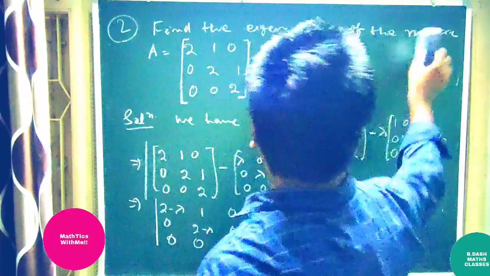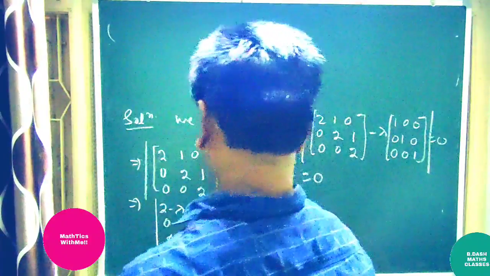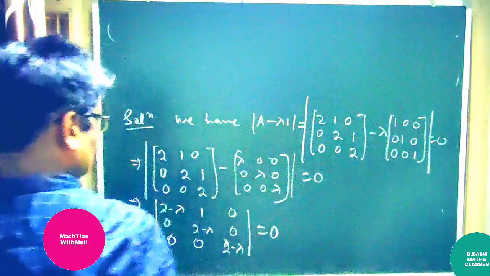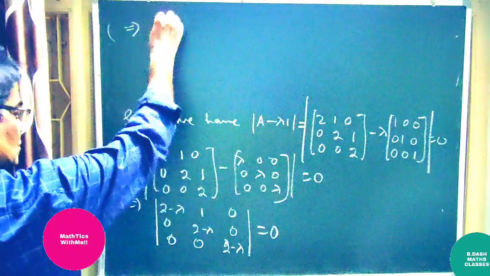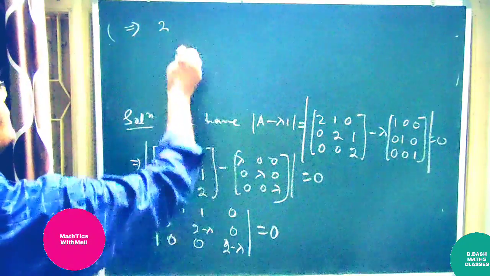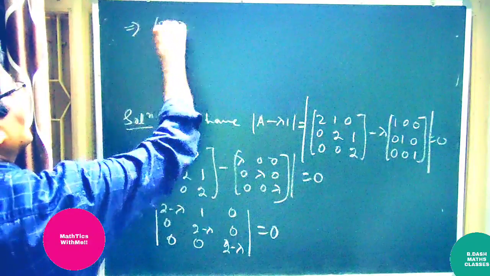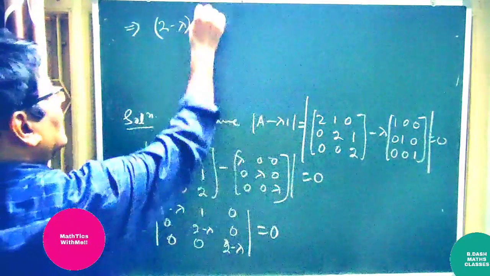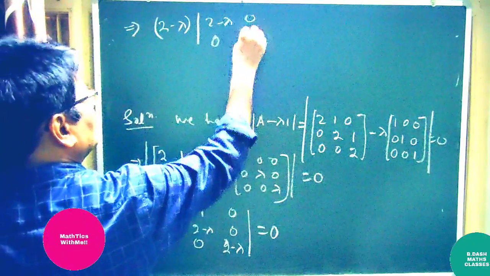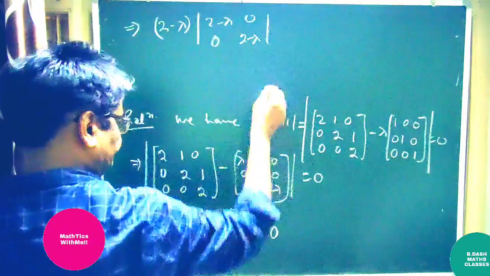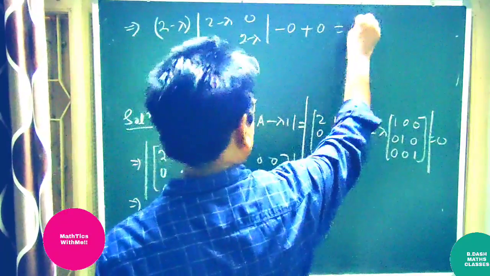So this implies, taking the first column, we get (2 minus lambda) times the determinant of [2 minus lambda, 1; 0, 2 minus lambda], then minus 0 plus 0, equals 0.